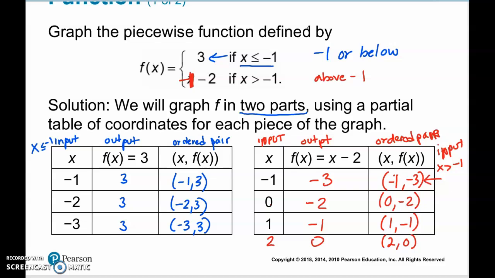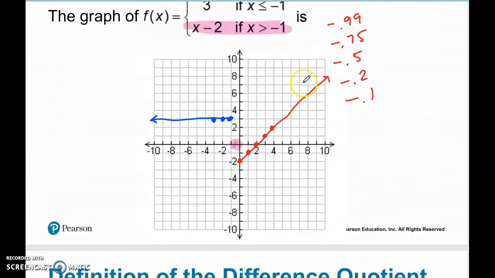But it's an open interval, not including this. So that's the endpoint, but it's open. So how do I indicate that on the graph? At -1, -3, I'm going to put an open circle there and then a line, because now I've filled in those parts between 0 and -1.